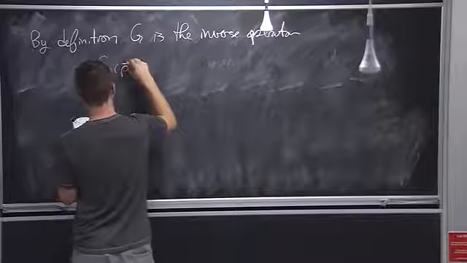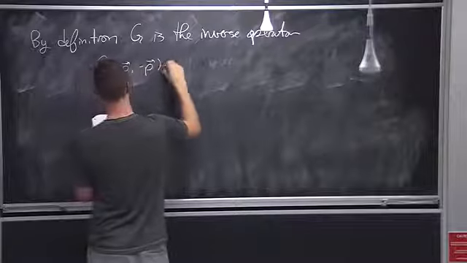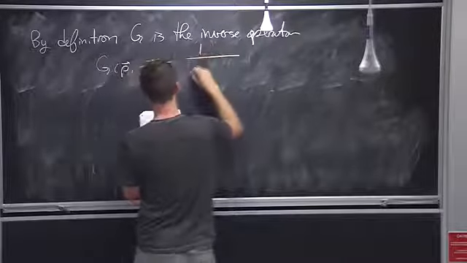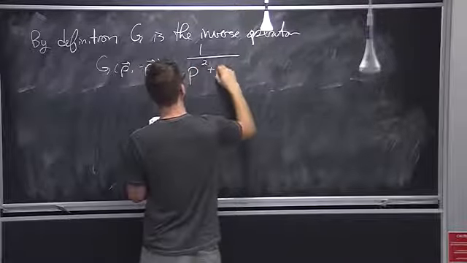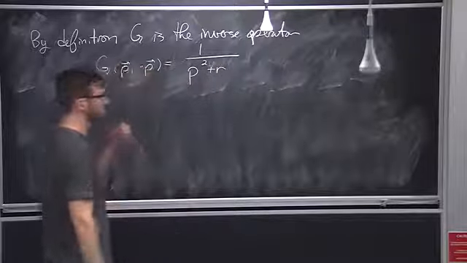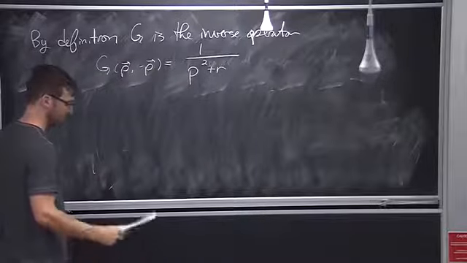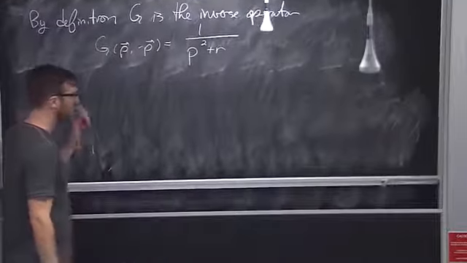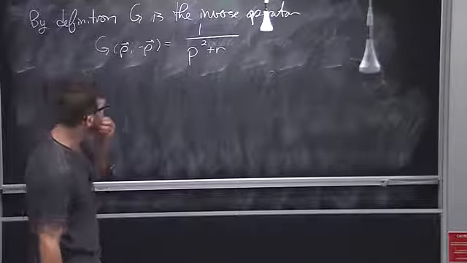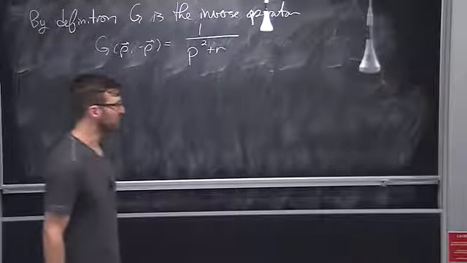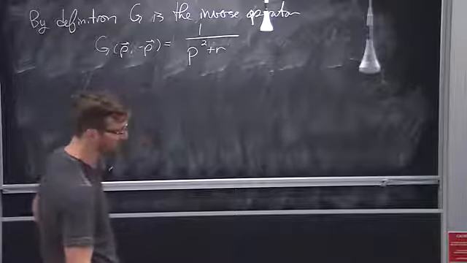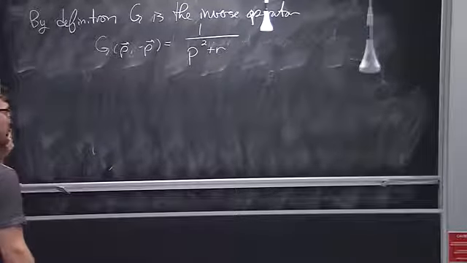The nice thing about momentum space is it just gives you a nice form to write G in terms of p squared plus r. So that's cool, but it's maybe not very instructive if we're used to thinking of fields in real space.